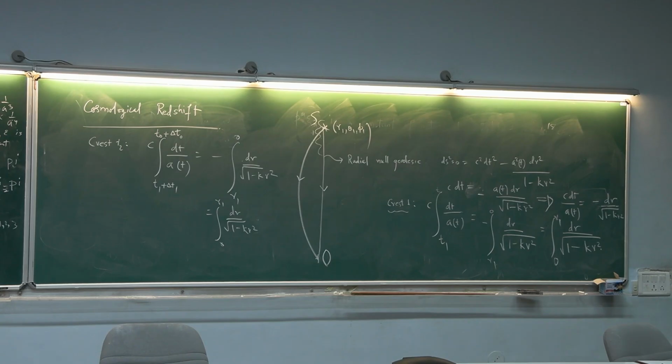That is true, but it is also true that cosmic observers, by definition, are those whose coordinates r, theta, phi don't change. Then ds squared is c squared dt squared, the actual physical time. So the observer who is at rest, the galaxy at rest, what he is measuring as dt is a real physical time.